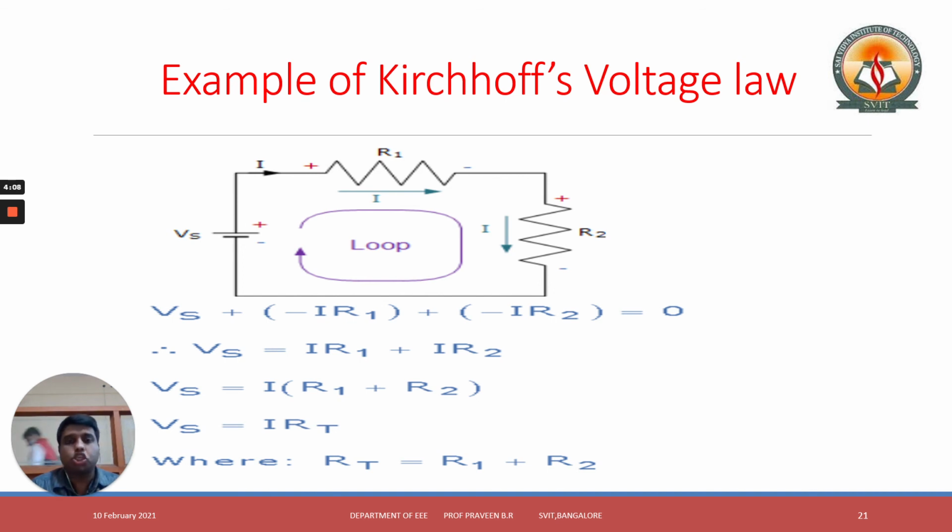Similarly, the voltage drop across R2 is taken as minus I into R2. Hence, we get Vs minus IR1 minus IR2 equals 0, or Vs is equal to I into R1 plus R2. Hence, this states Kirchhoff's current law and voltage law.